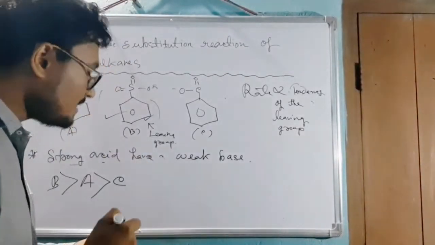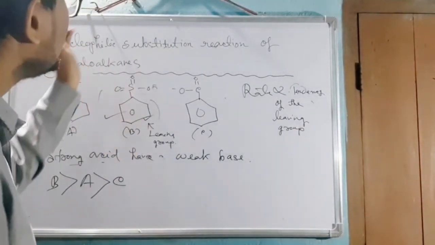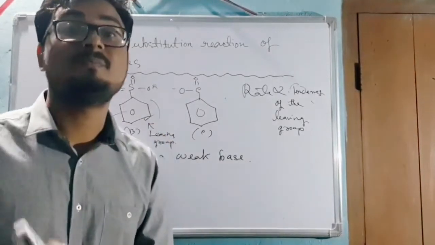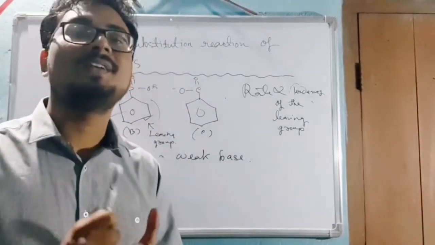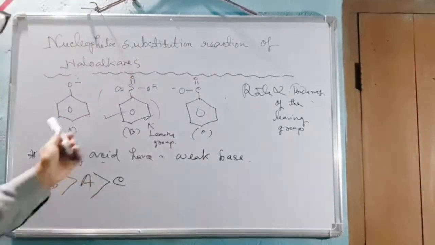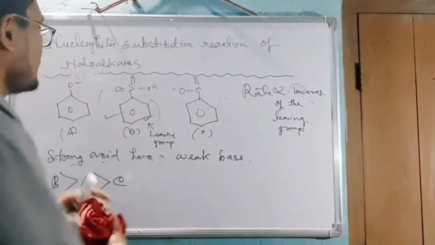Now we have clearly understood haloalkanes, substitution reactions, and nucleophiles. Now we come to the main point. What is the mechanism of nucleophilic substitution reaction? Have you all understood this? Write it down.